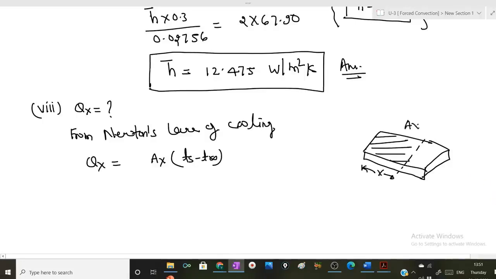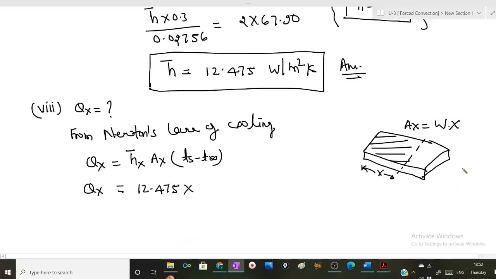This is Ax, and this will be width into x. Tell me, here it will be average heat transfer coefficient. Always, in Newton's law of cooling, the value of heat transfer coefficient is average heat transfer coefficient, though we are considering it for the local distance x. So it is 12.475.